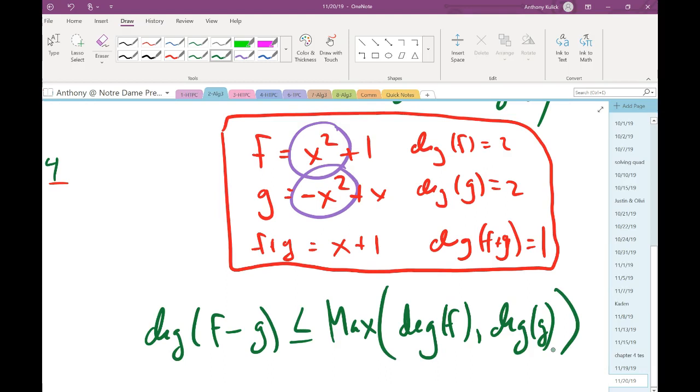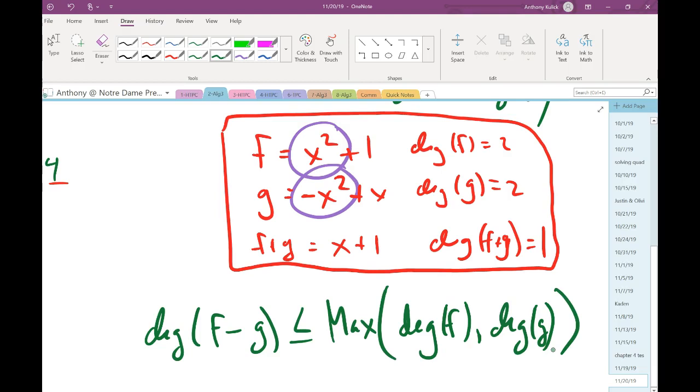Here's a question. We've seen an example where we add two polynomials and the degree is less than either of the two polynomials we added together. Is there any condition that would need to be present in order for the strict less than to be an option? Let me rephrase to make it easier.